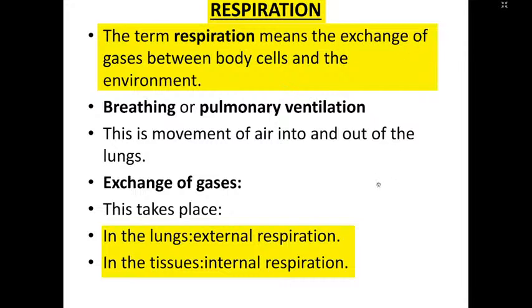So in the alveoli, there is a capillary meshwork. It's a single cell layer thickness where the diffusion occurs. So from the capillaries, carbon dioxide is coming out, oxygen is going into the blood.